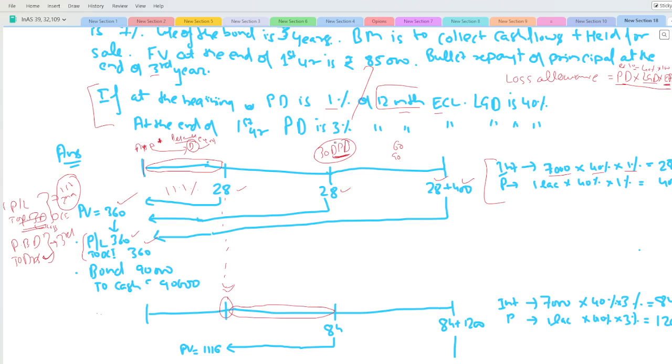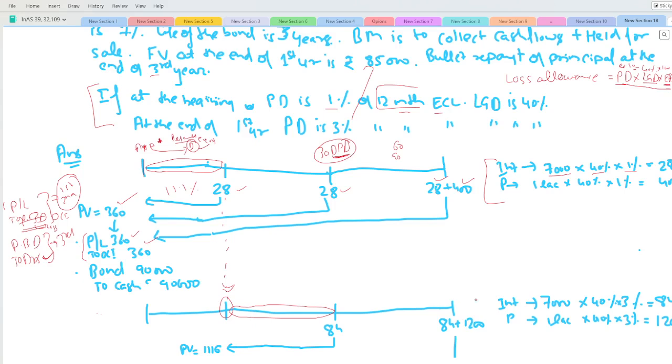So that means the probability of the default event happening in the next 1 year. That is the meaning of 12-month ECL. And if it is lifetime, then it is the chance of the default event happening in the 2 years, because only 2 years remain here. So that is your lifetime ECL. It's 3% here.